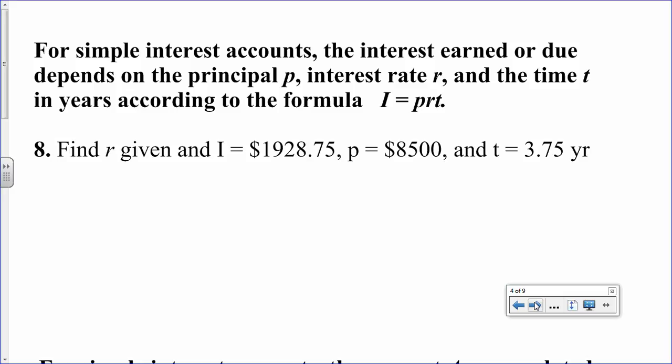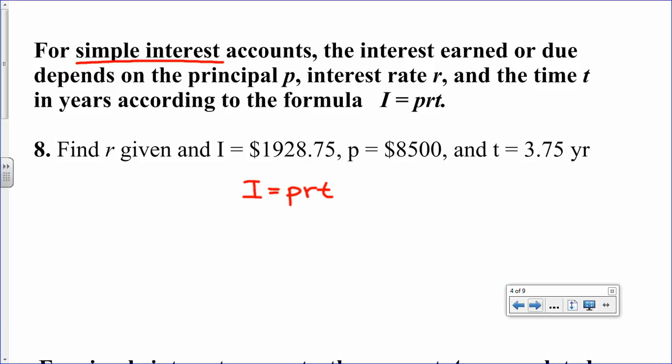So what I note is that this says simple interest. So the formula I need is I equal PRT. Okay, then I want to know the variable I'm looking for.